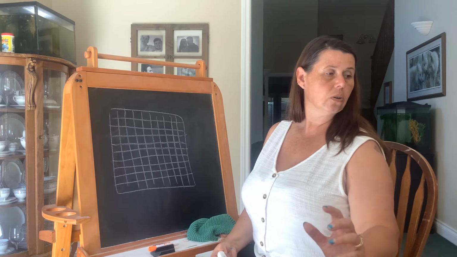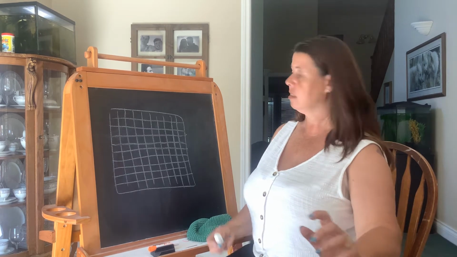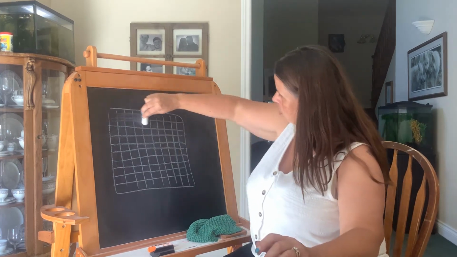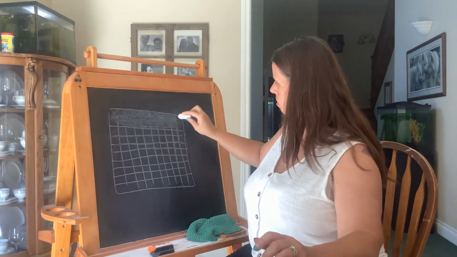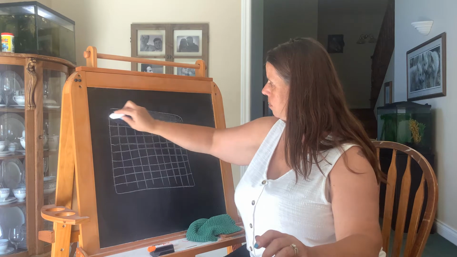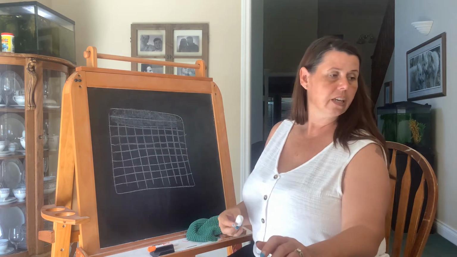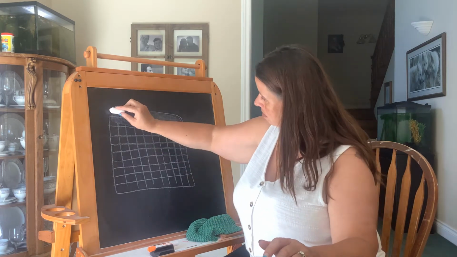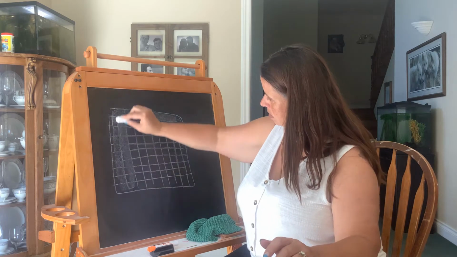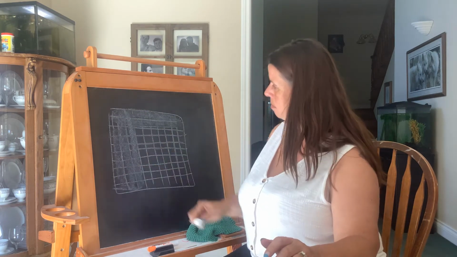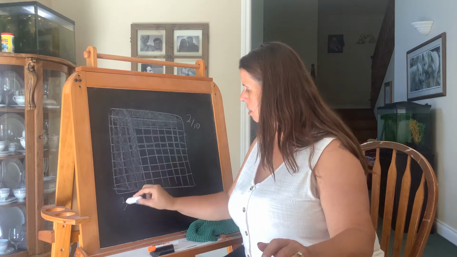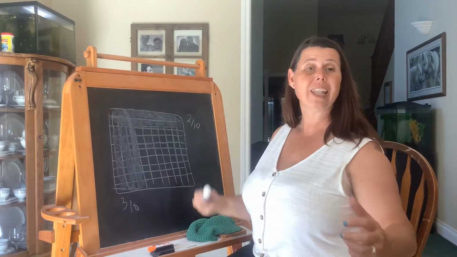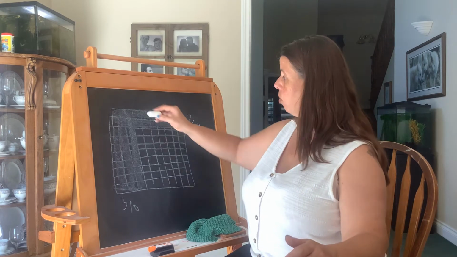Okay, so 2 tenths, so they have shaded 2 tenths. 2 tenths, right? 1, 2. 2 out of 10. Of 3 tenths. 3 tenths. So this was 2 tenths, this is 3 tenths. Where they overlap is what we want to know.